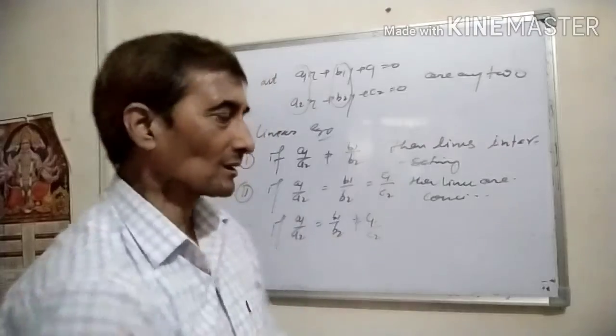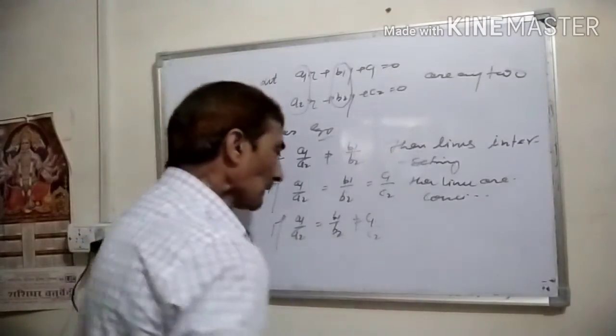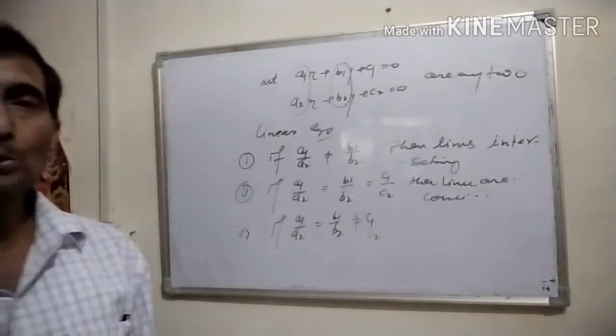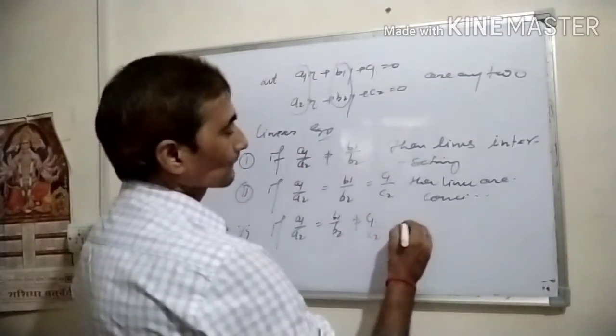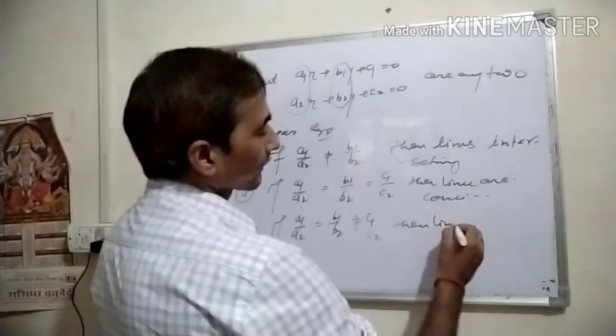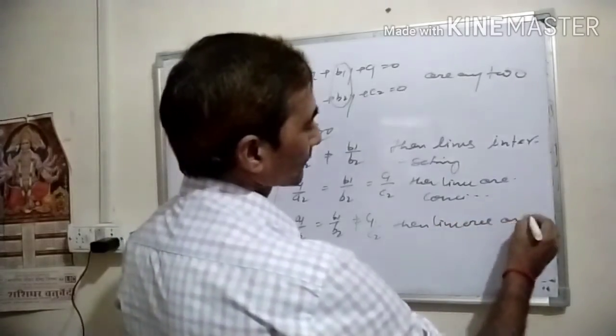They coincide with each other. And third, if a1 upon a2 is equal to b1 upon b2 is not equal to c1 upon c2, then lines are parallel.